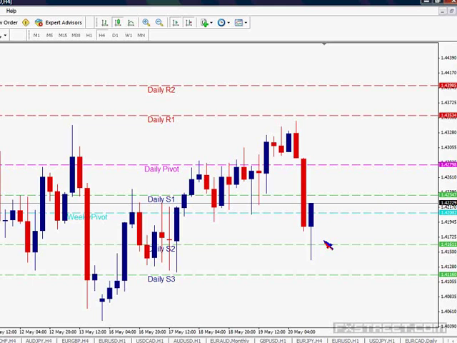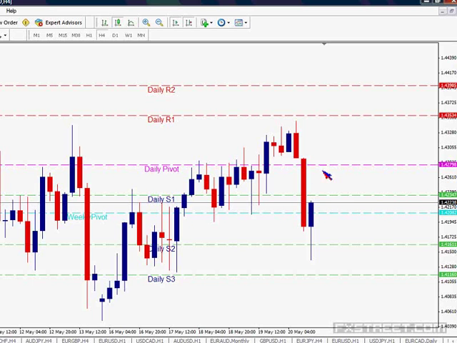In that particular case, I will set my entry point, with probable profits and probable stop losses, even before starting my day. I will take my trading decision all in one. I will say, okay, this is my daily pivot and price is open above it, and this is also valid for another kind of support or resistance.